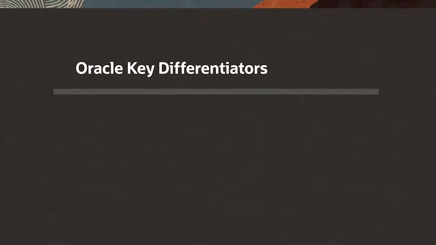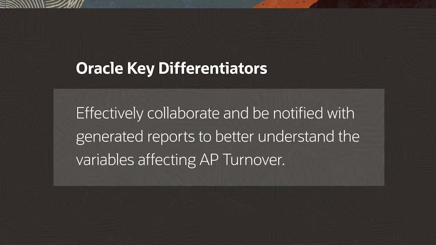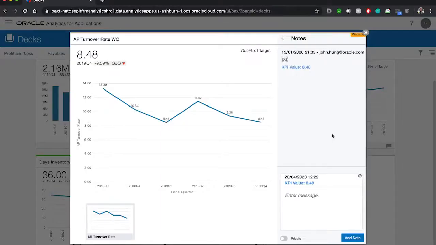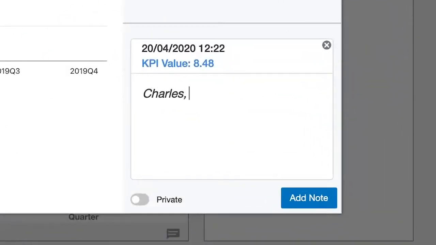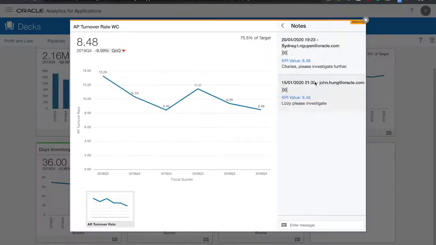And since this is in the warning stage, he wants to let his business analysts know that he wants to get some additional reports generated so that they can determine what steps they need to take to better the balances ratio. He's going to send a message to his business analyst. As he types it in, he can add the note onto the KPI card.